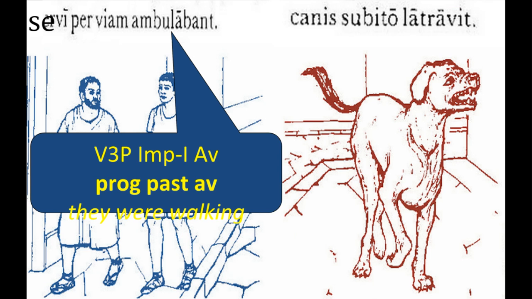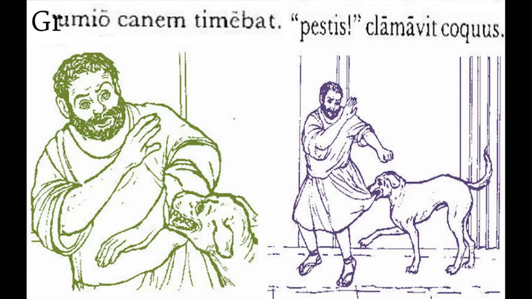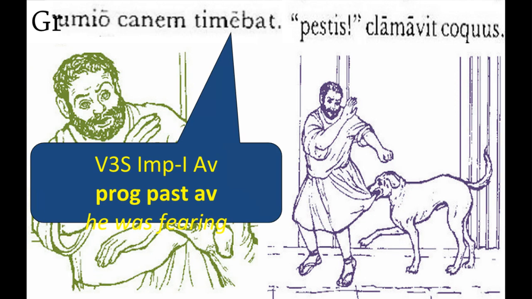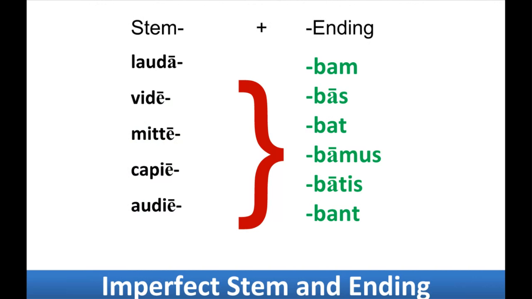So here we have in the story, ambulabant, progressive past, were walking. Visux, perfect, he barked. Timebat, he was fearing. Clamavit, perfect, he shouted.